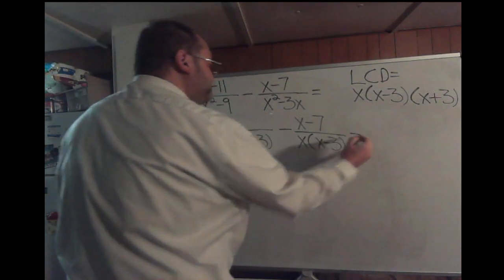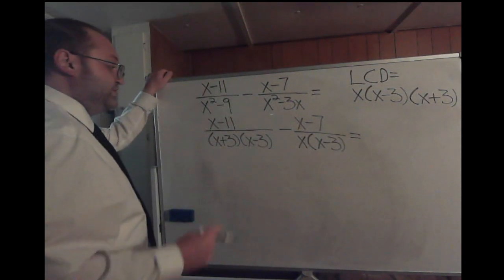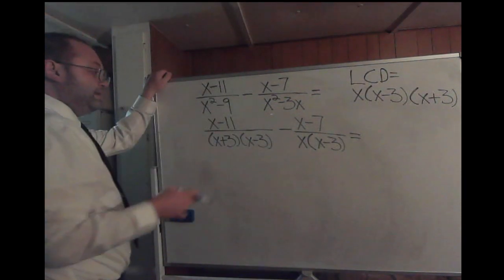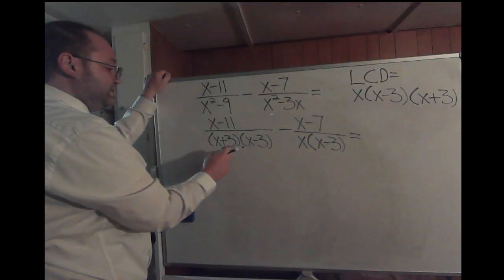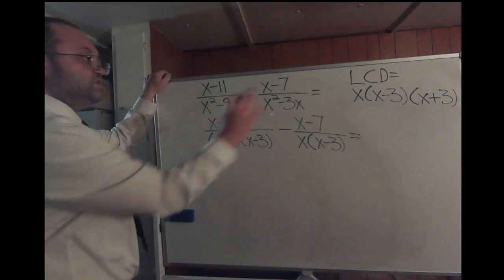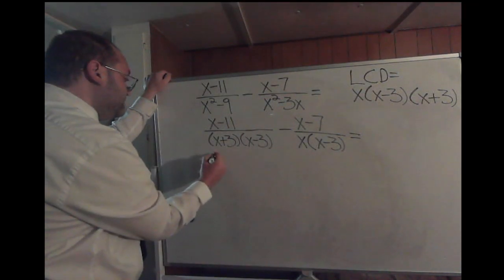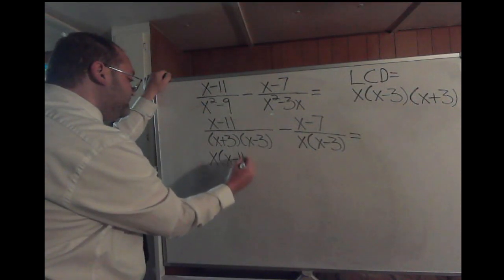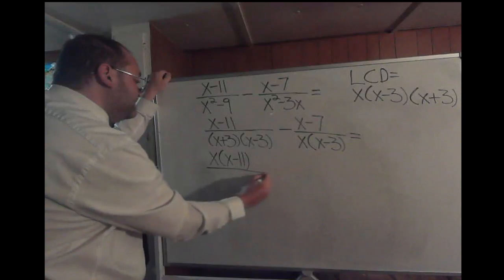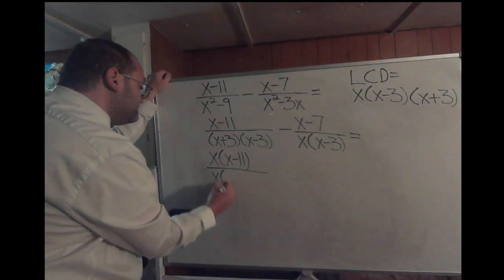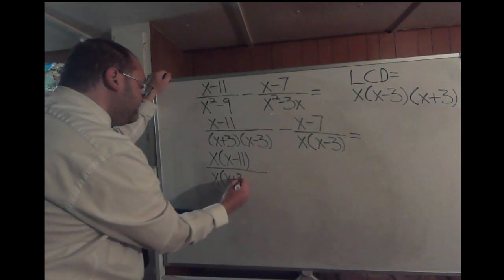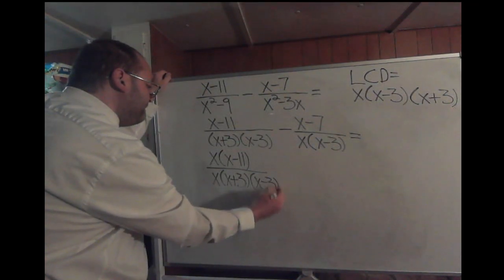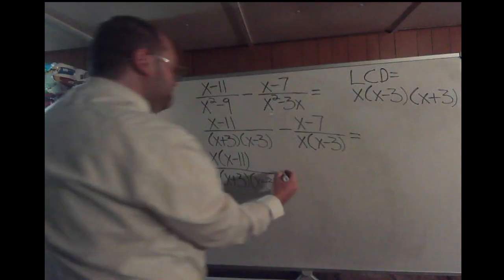So what we have to do here, convert these two denominators into the least common denominator. First one, you have x plus 3 times x minus 3. You just need to multiply by x. You'll have to do that to the numerator also. Take your x minus 11, multiply that by x. You'll have a denominator now of x times x plus 3 times x minus 3 minus.